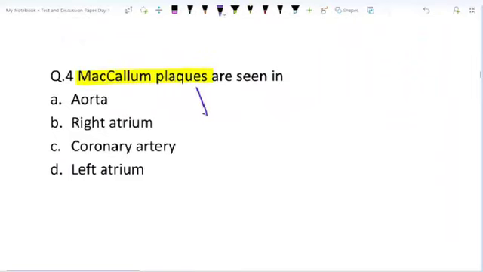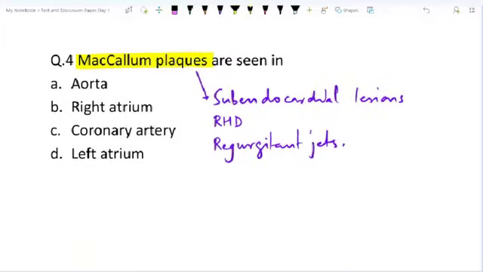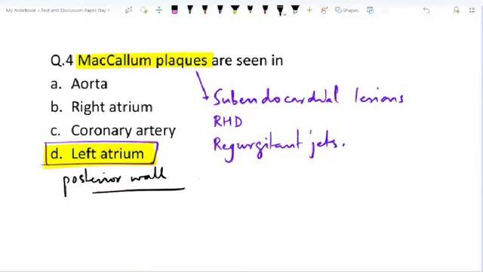McCallum plaques are subendocardial lesions, plaques, which are seen in rheumatic heart disease due to regurgitant jets which make plaques, and they are seen in the left atrium. Usually on the posterior wall, to be even more specific.